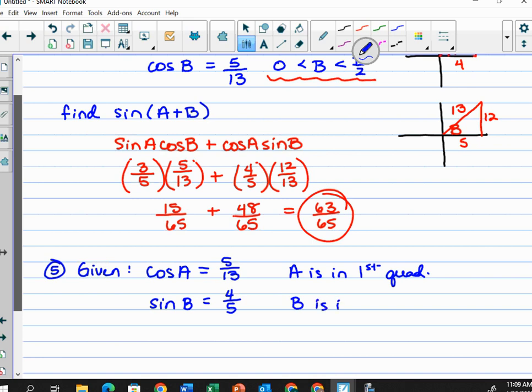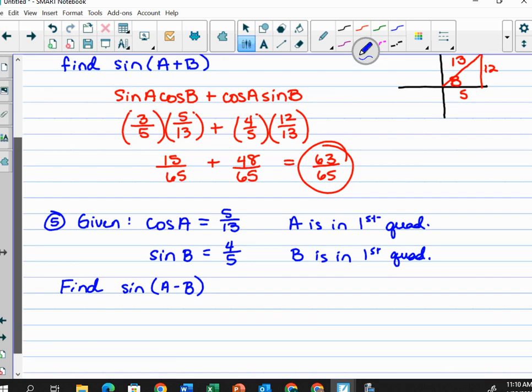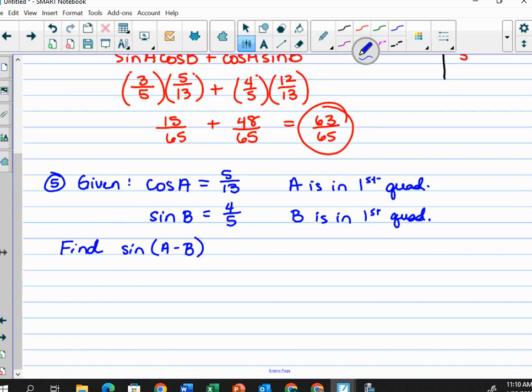B is also in the first quadrant. You are going to find the sine of A minus B. Try that one for me.